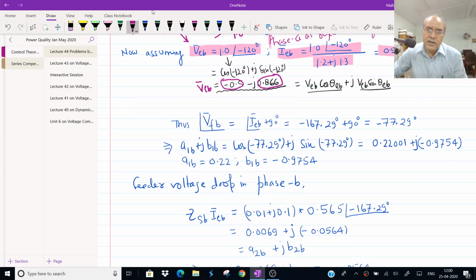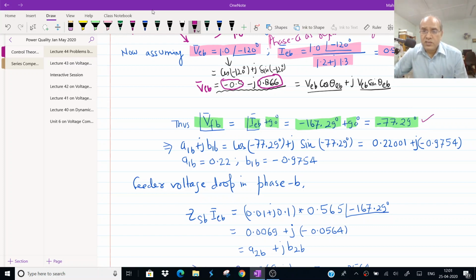The angle of BLV in phase B is the angle of ILB plus 90 degrees, in order to ensure that there is no active power consumed because of this DVR. So, minus 167.29 plus 90 becomes minus 77.29. This is the angle of the DVR in phase B.